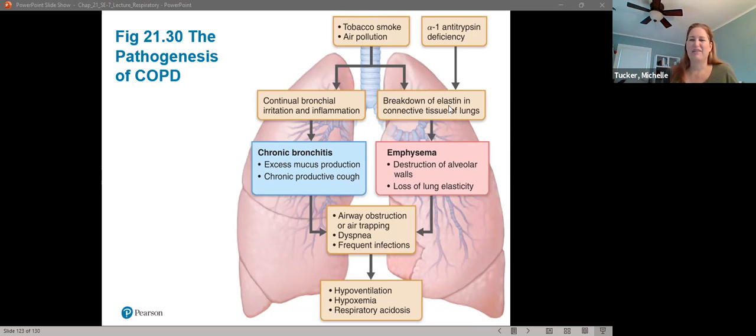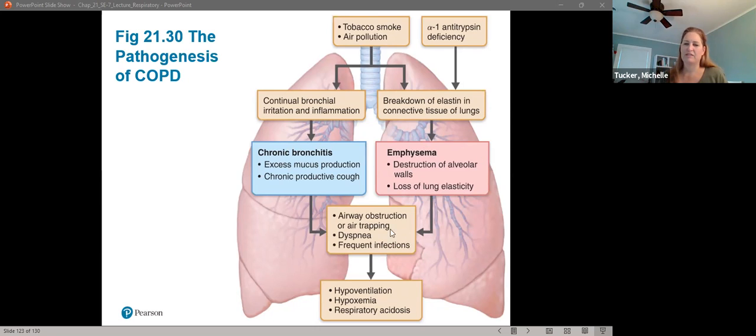But anyway, with the breakdown of elastin, we lose elasticity in the lung tissue, as well as the destruction of alveolar walls, which is going to decrease that alveolar surface area. Normally, alveolar surface area is way sufficient for gas exchange, but in cases like emphysema, the alveolar walls are destroyed and they kind of just become an empty sac, then gas diffusion can't occur in that form of just disconnected alveoli.